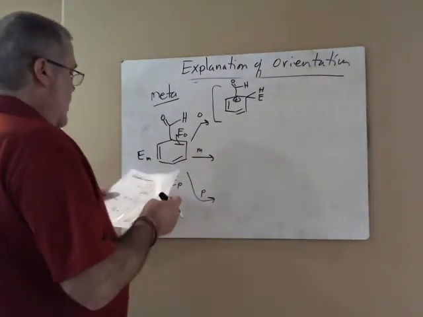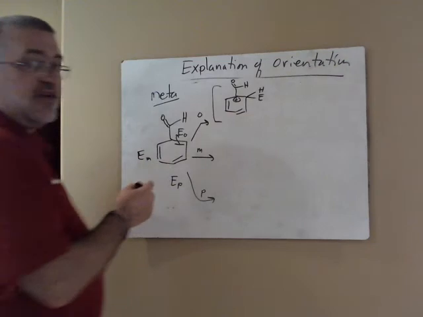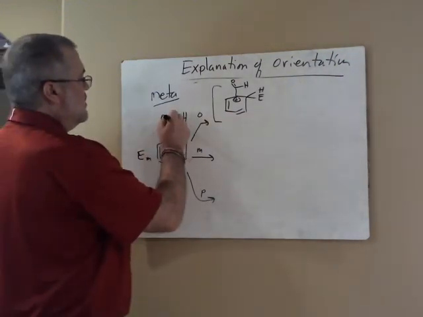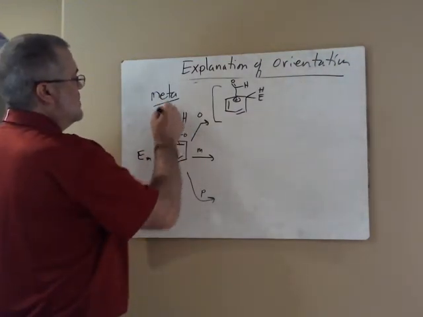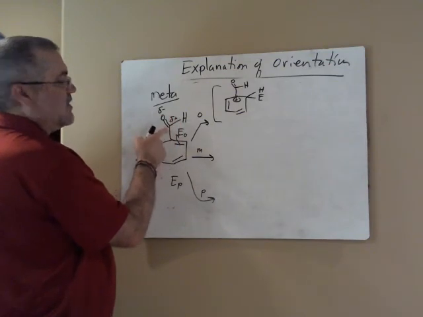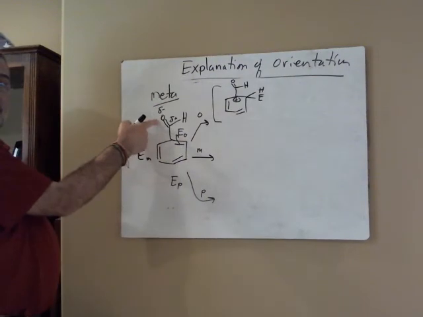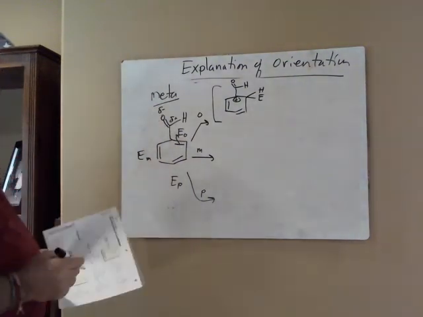And we should go ahead and say that, remember, in your substituent here, this carbon of the carbonyl is deficient. It's got a partial positive, and the oxygen is a partial minus. Okay.